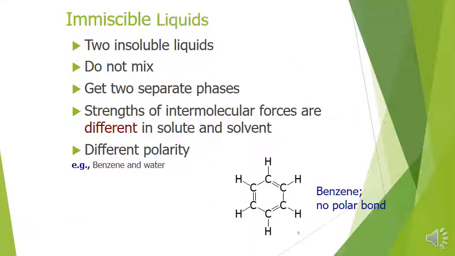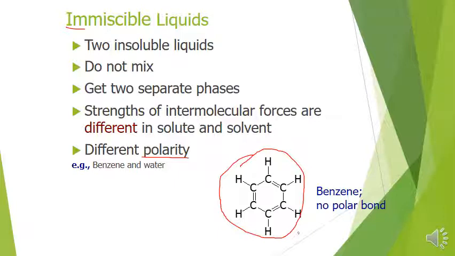On the other hand, immiscible liquids are two liquids that don't mix, for instance, oil and water. It has to do with polarity. If you have a nonpolar substance like benzene, again, there's a rule of thumb: the ratio of carbons to oxygens is 6-to-0. So this suggests I have a nonpolar molecule.